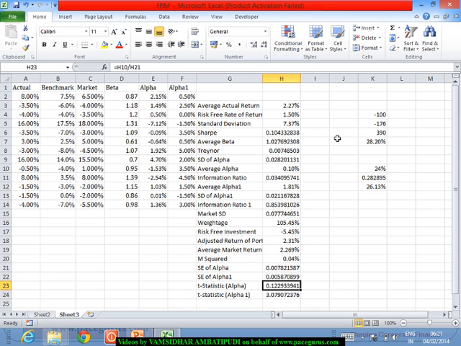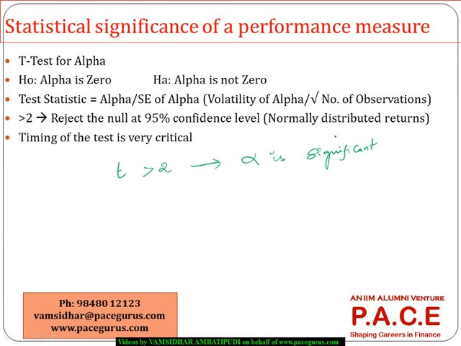So when I am comparing this alpha with respect to a benchmark, I was able to generate a t-value which is greater than 2, but when I look at the computation of alpha with respect to the CAPM, I am not able to generate a return that is consistent, because the t-value is just 0.12, which is lesser than 2 itself. So that is how we test whether the alpha that we got, whether it is a positive alpha, is really significant and consistent, through that t-test mechanism, right?